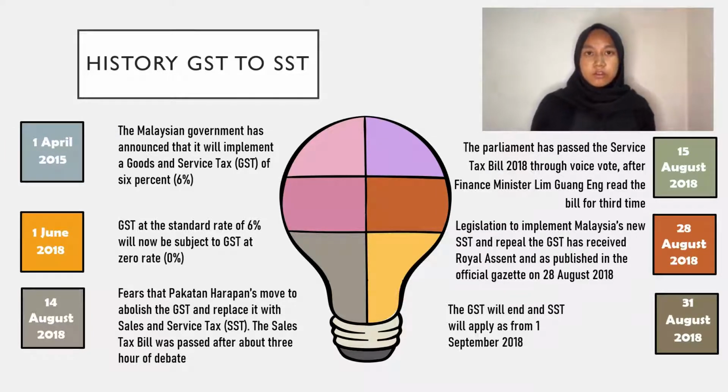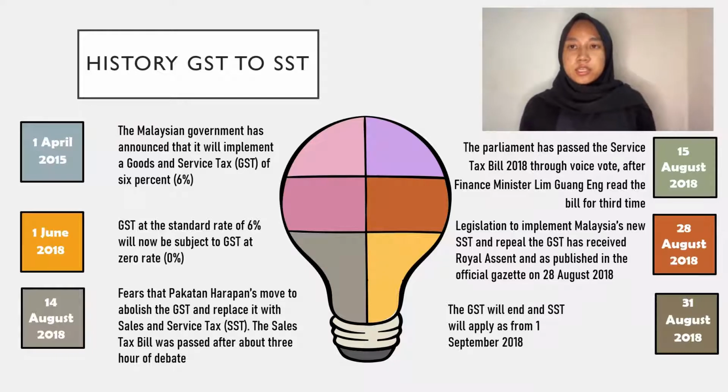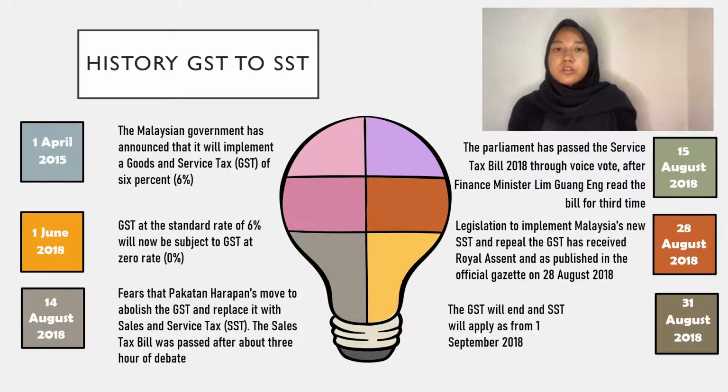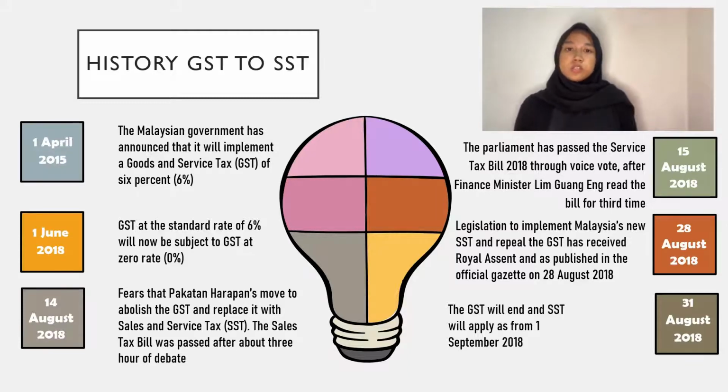Then on 28 August 2018, legislation to implement the new Malaysian SST and repeal the GST received royal assent and was published in the official gazette on 28 August. So GST ended and SST was applied from 1st September 2018, after 31 August 2018.